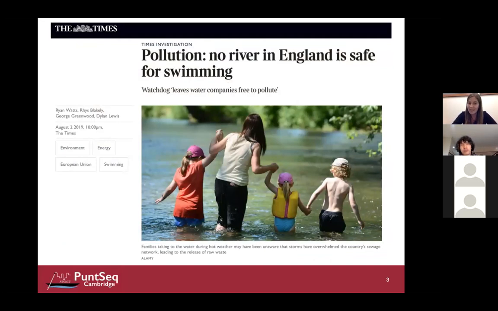And more than 80% of the rivers didn't reach the minimum standards of the EU. I guess at that time the UK was still a member of the EU. So even in the UK, a really developed country, there are a lot of issues with freshwater quality.